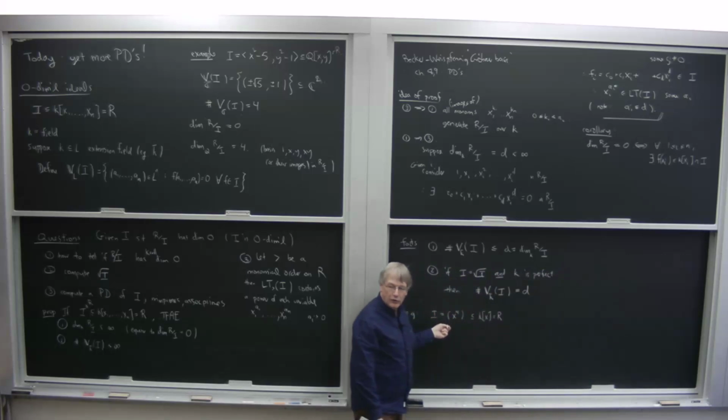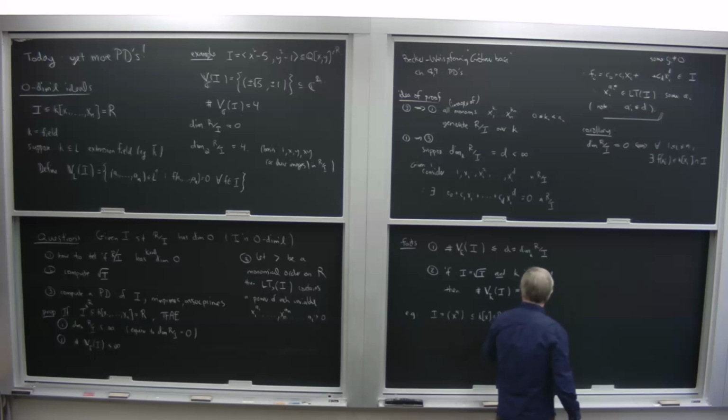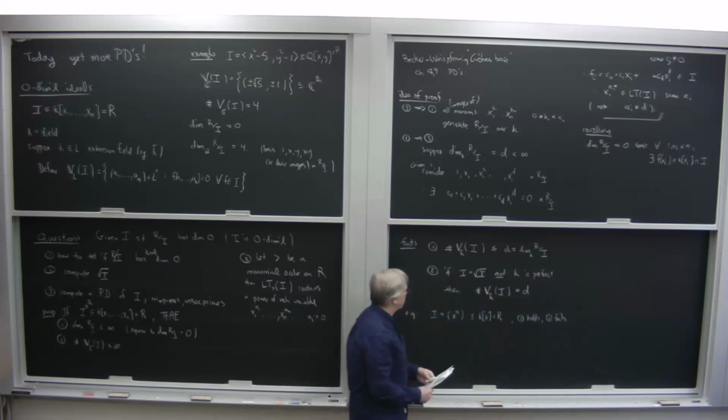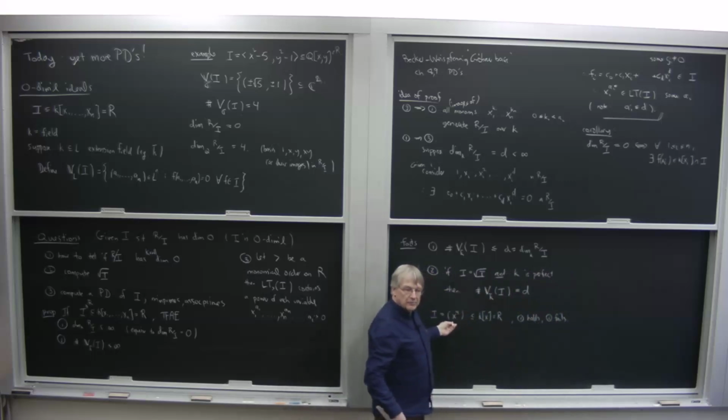This has dimension 4 when you quotient by it, but there's only 1 point, no matter what the field is. So then one holds and two fails. That's one good example, when I is not radical. But if I is radical, what could possibly go wrong?